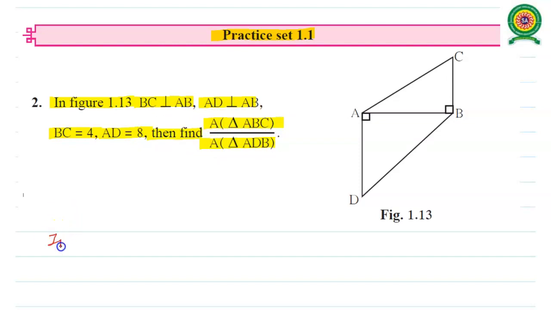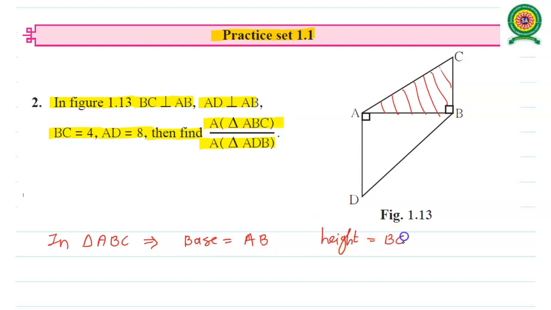Look at triangle ABC, you may separate it out by using a pattern like that. Since BC is the perpendicular drawn on AB, AB becomes our base, while the perpendicular itself is the height. That means the height of the triangle is BC.